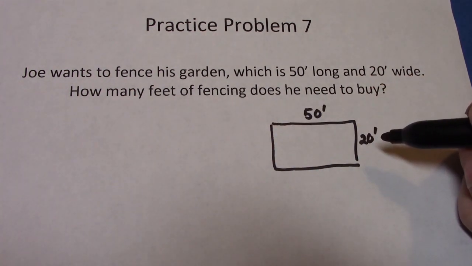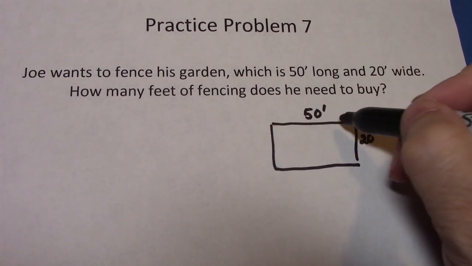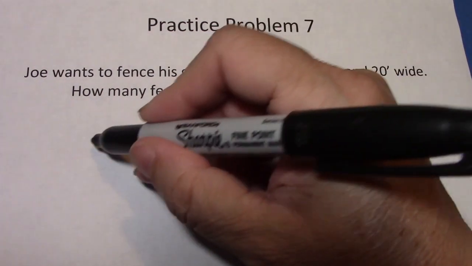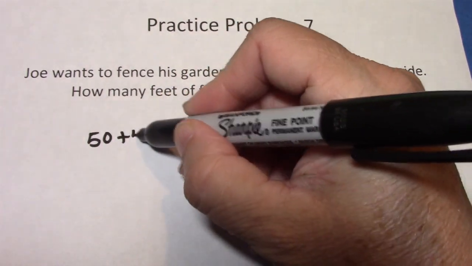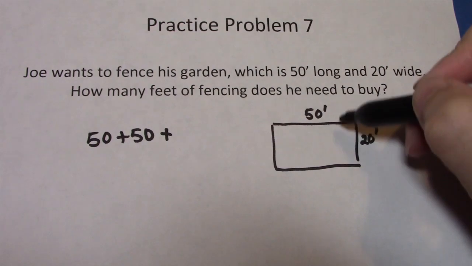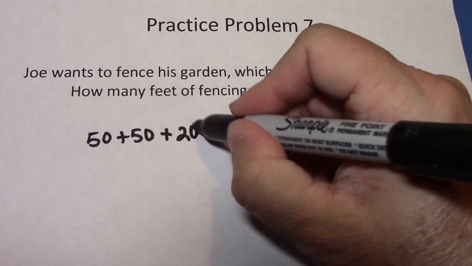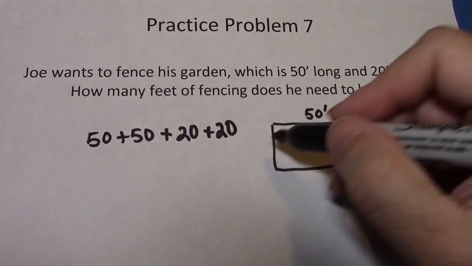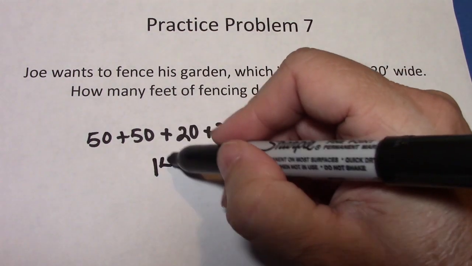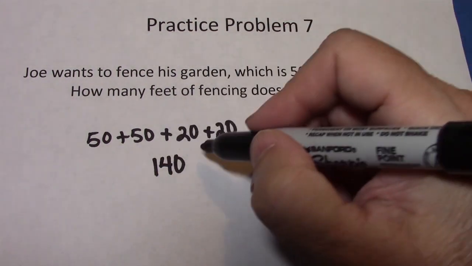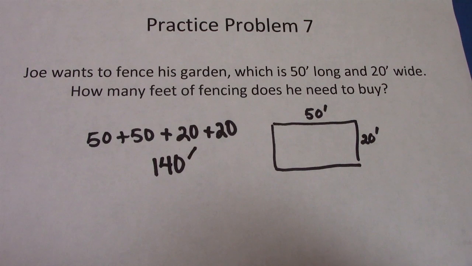So we need to find the perimeter. That's going to be 50 plus 50 for both sides, and 20 plus 20 for these sides. That's 140, and these are in feet, so he needs to buy 140 feet.